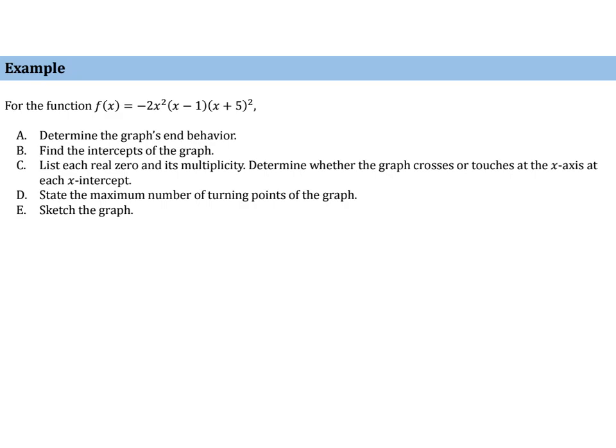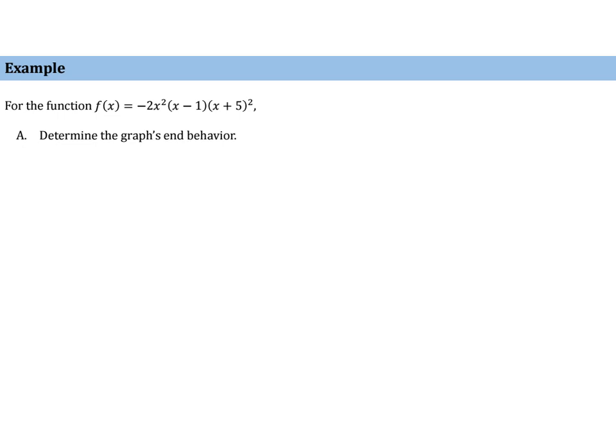Here we have a function, and notice that it is already factored. So whenever we go to find the end behavior of our function, we have to pretend to multiply it out. So let's do that. If we multiply this out, we would have negative 2x squared times x. Notice that's x to the first, x to the second.